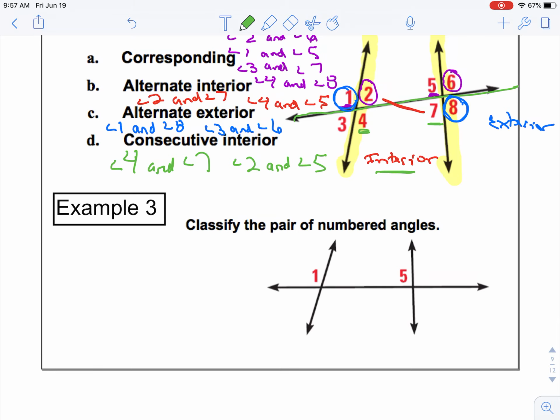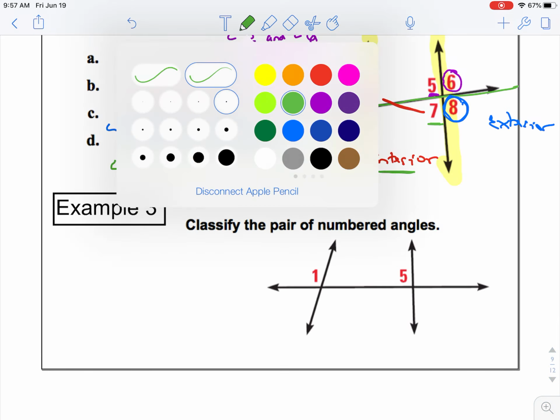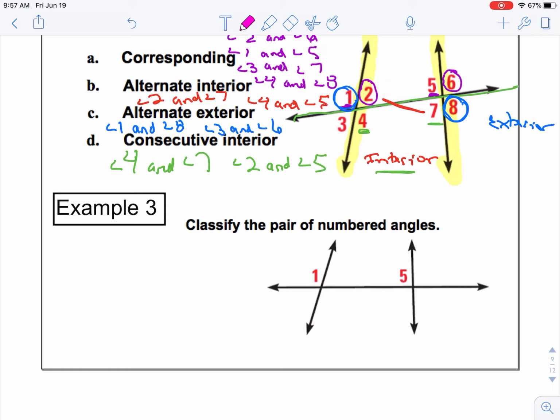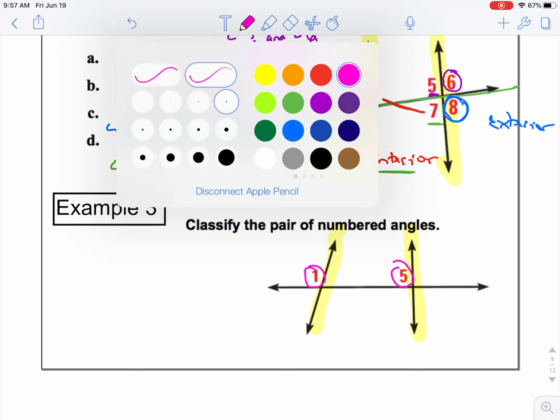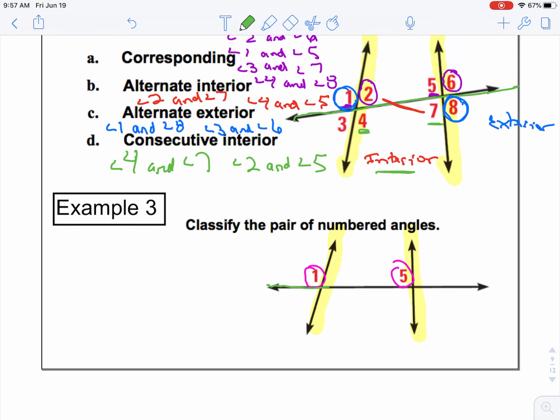Okay, let's look at this next example, example 3. Identify the pair of the numbered angles. So what type of angle is that? If we look at the lines, I'll highlight them, and the transversal, I'll draw that in again.